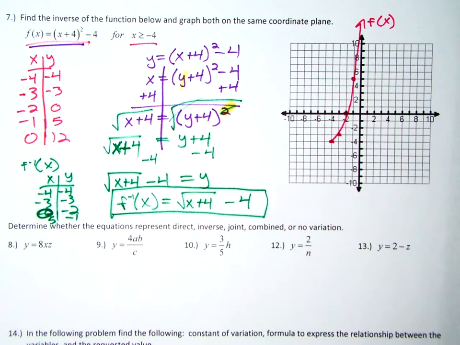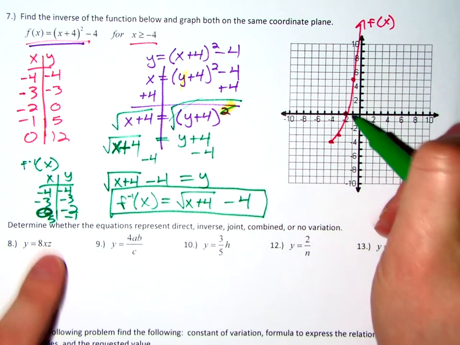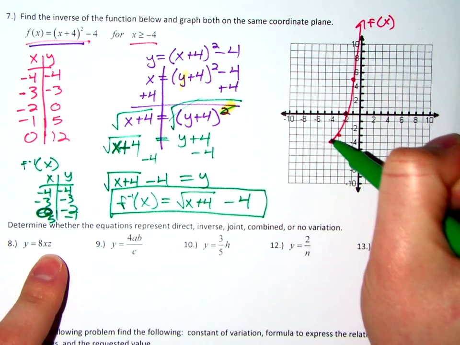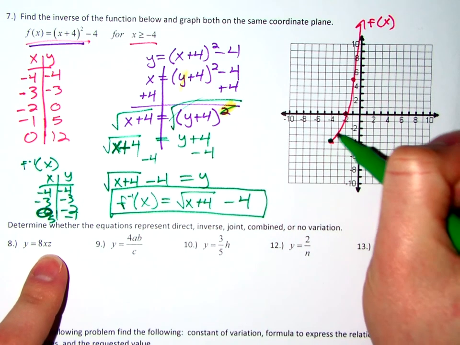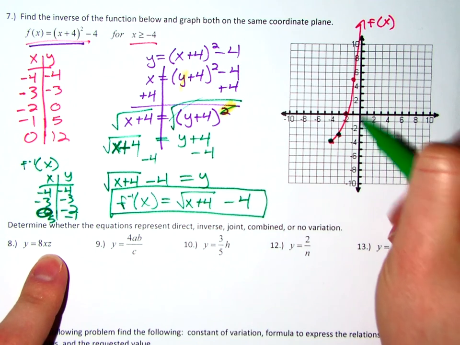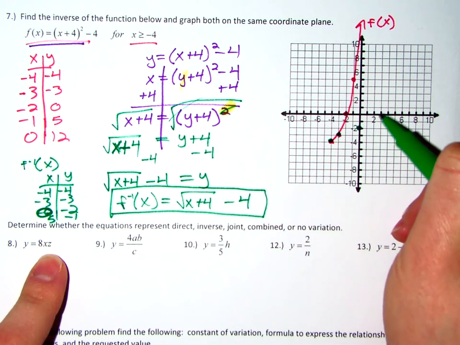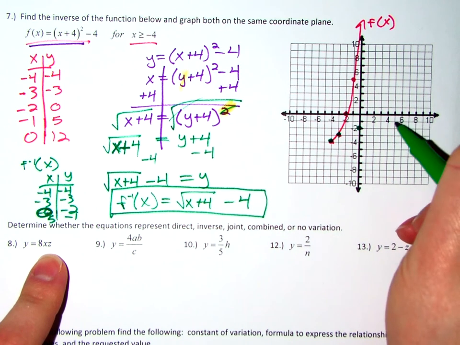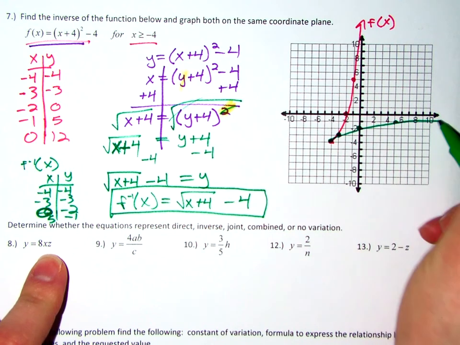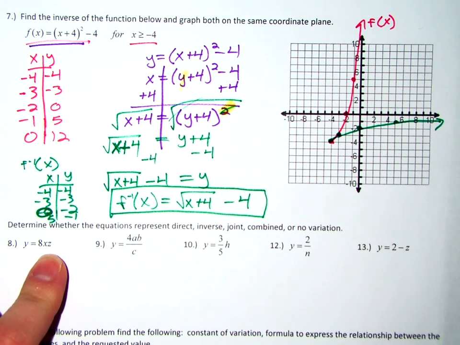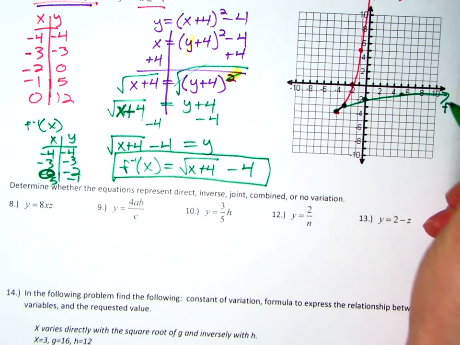So then I can just go ahead and plot those points. Negative 4, negative 4, negative 3, negative 3, 0, negative 2, 5, negative 1, and there's my other graph. Oh, and then I need to make sure I label that as my inverse function.